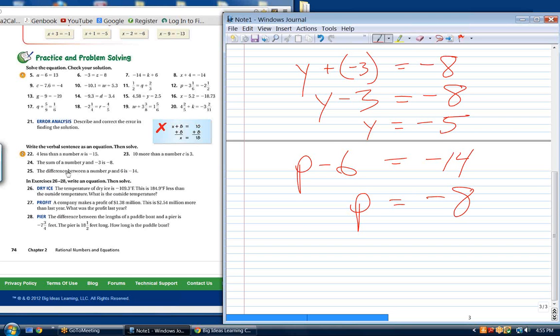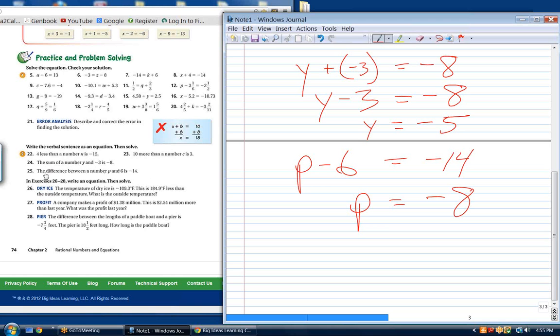Let's just talk about 25 for a moment. Technically, I could have written 6 minus p is equal to minus 14, because when they say the difference between a number p and 6, they're not really saying whether that's p minus 6 or 6 minus p. I'm sure that at this level they want you to write p minus 6.